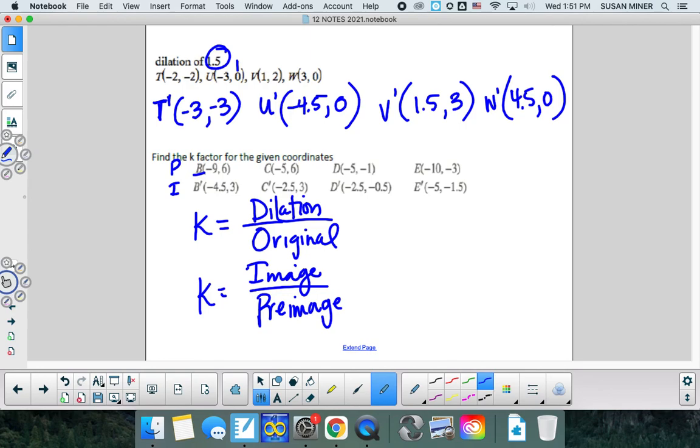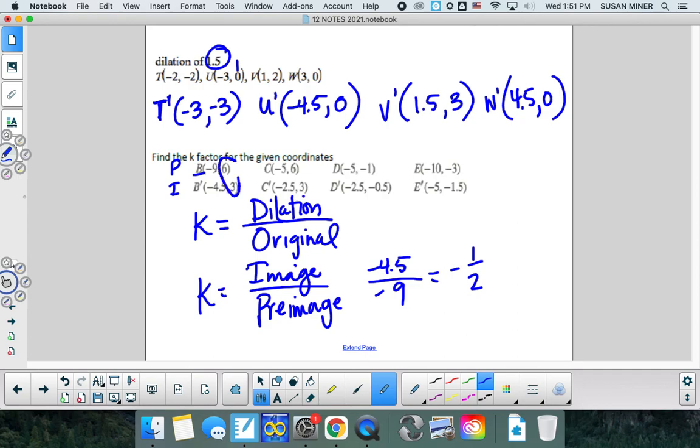So you take your image, negative 4.5, and divide it by your pre-image, and that's going to give you your scale factor. Negative 4.5 divided by 9 is equal to negative 1/2. Or we could choose something easy.